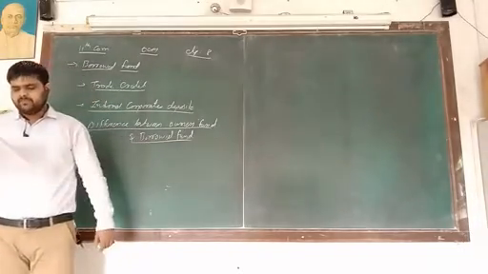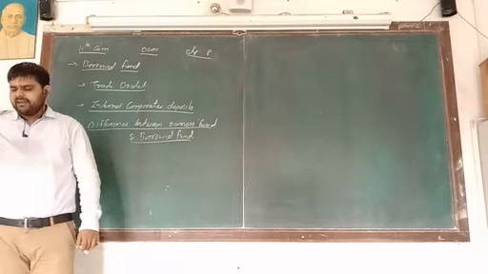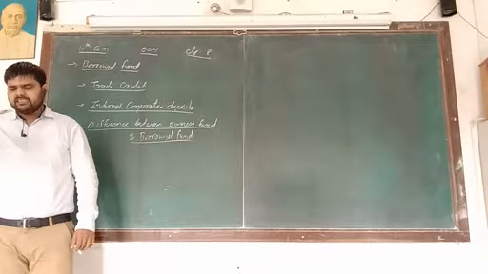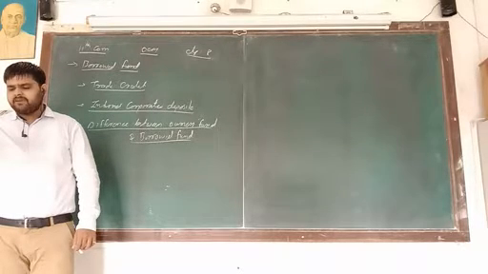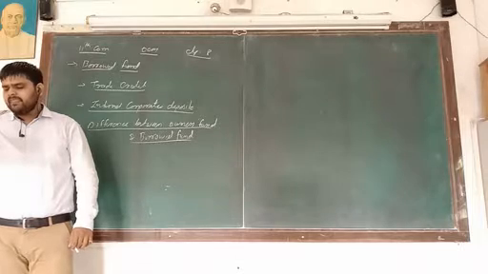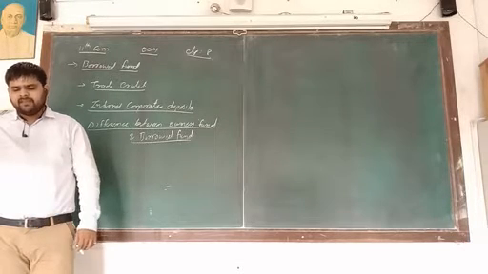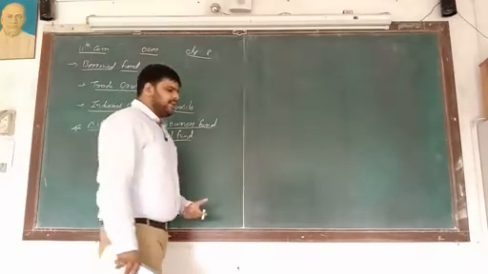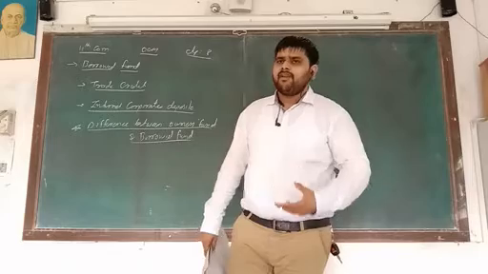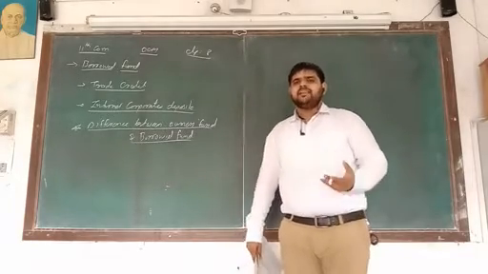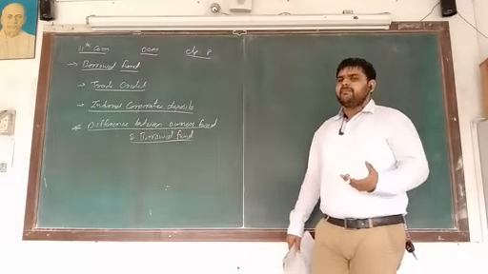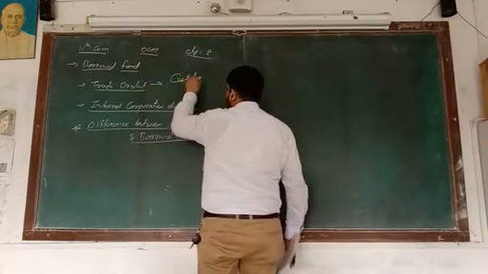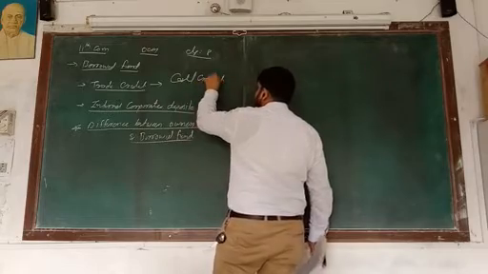Let's see. A business unit has need of raw material, finished goods or other tools and things. In this situation, a business unit purchases from other producers or traders on credit for some time period and creates working capital. Whatever raw material and other goods we purchase from the sellers, we purchase in two ways: number one on the basis of cash and number two on the basis of credit.